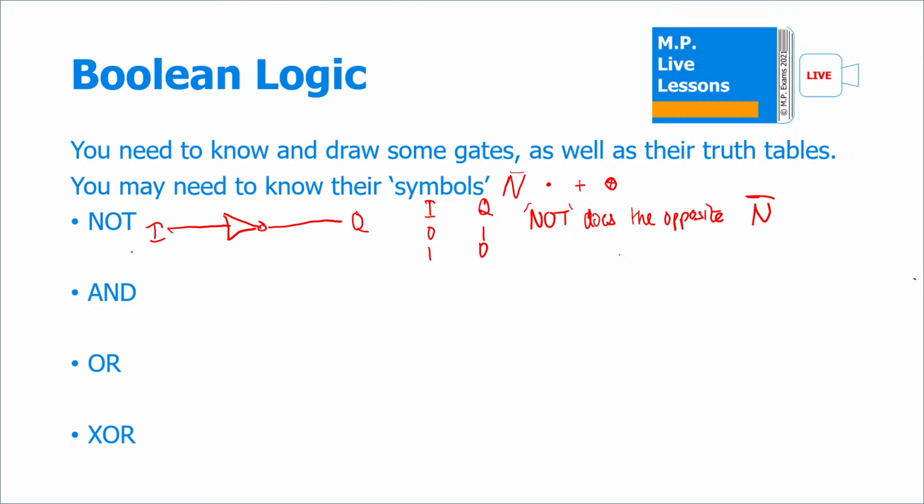The AND gate requires two inputs. It's drawn like almost a semicircle with one output at the end. We'll label this Q again. We'll label the inputs A and B. Now, if I draw a truth table again, like this.